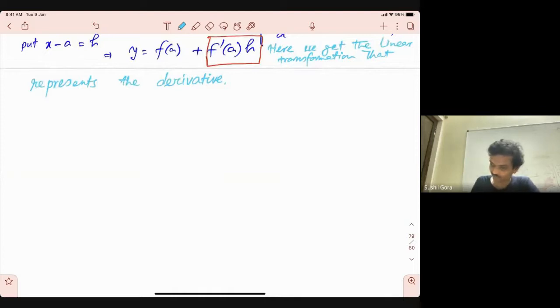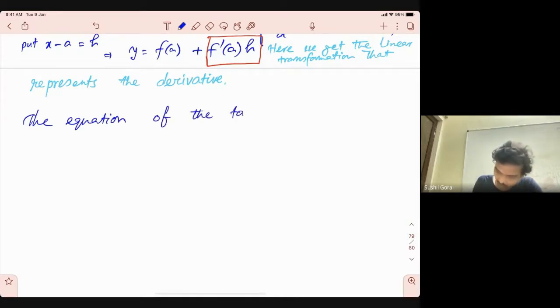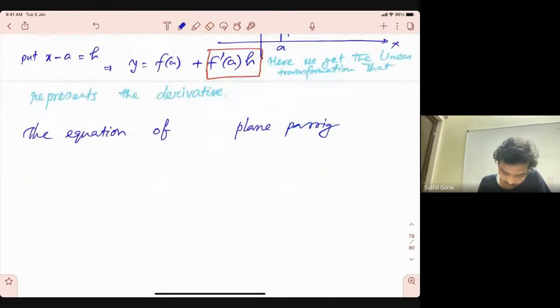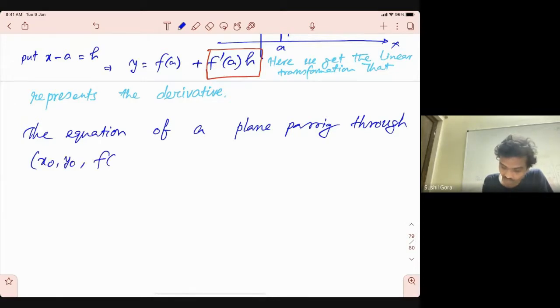So now the equation of the plane passing through, or it's not actually the tangent plane, it's an equation of a plane through the point x naught, y naught, f of x naught, y naught, right?